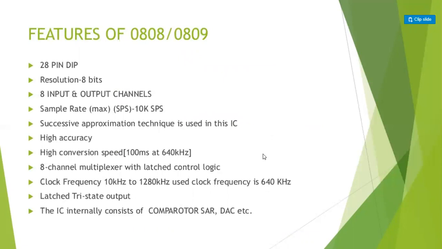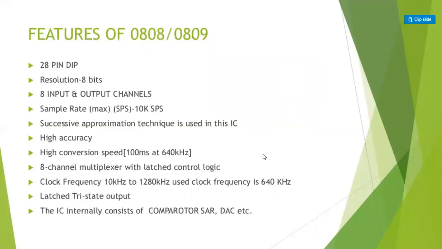Next, what are the features of this IC? The 0808 comes in a 28-pin dual in-line package, with 8-bit resolution, 8 input channels, and a sample rate of 10K SPS. The successive approximation technique is used in this IC, with high accuracy, high conversion speed, an 8-channel multiplexer and latched control logic.